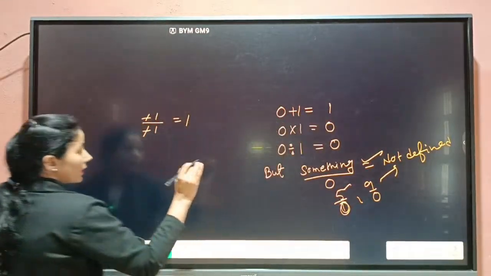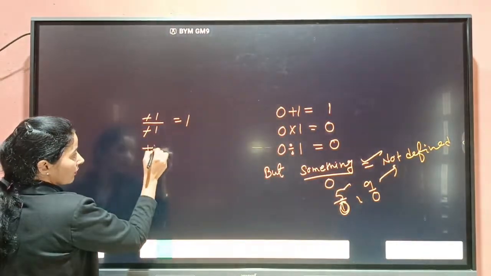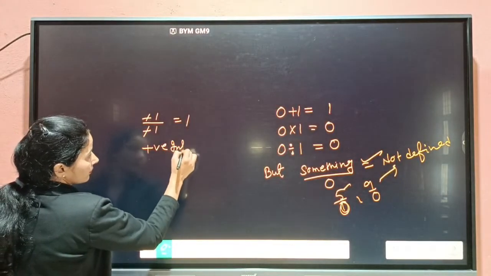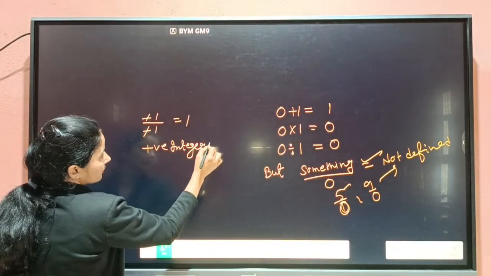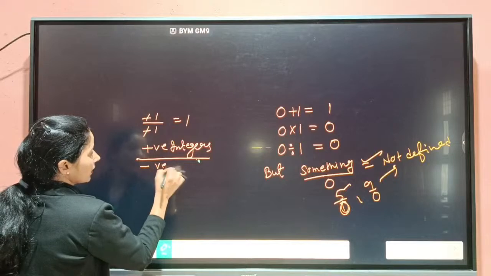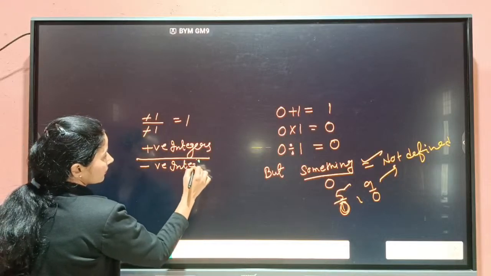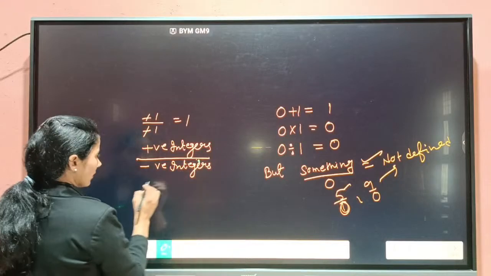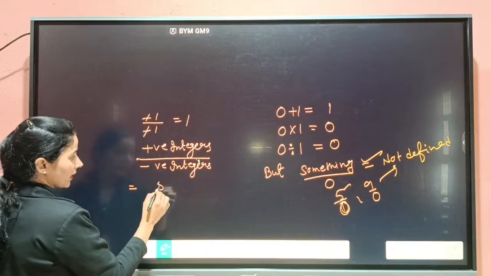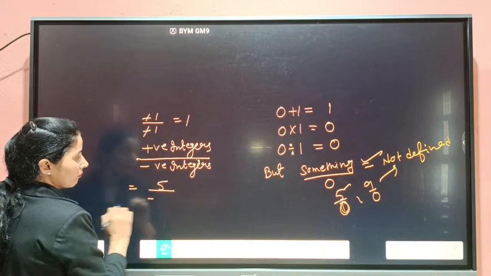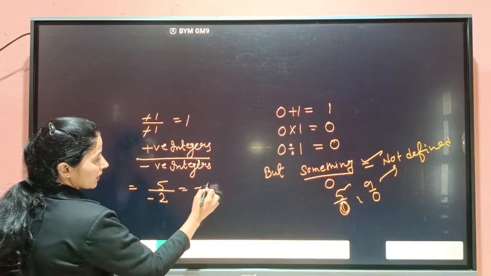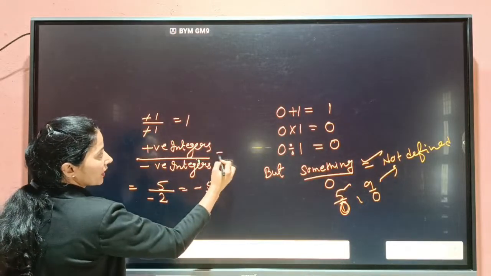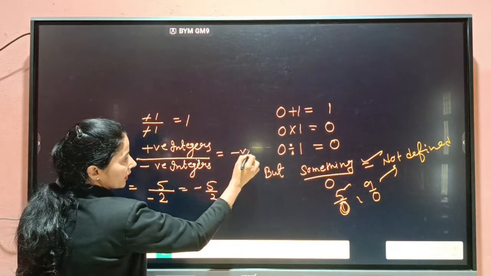Like when we divide one positive integer and one negative integer, let us do it by taking the example 5 by minus 2. The answer is minus 5 by 2. So we are getting our answer negative.